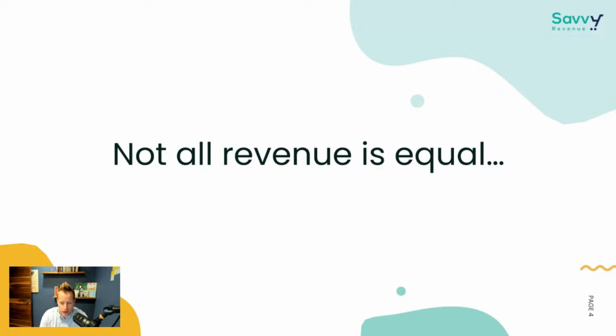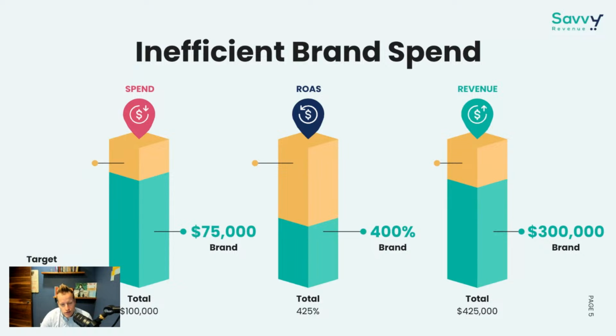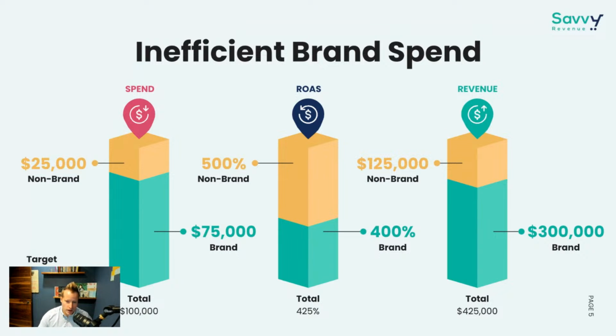I have a thing in marketing that not all revenue is created equal. The reason is, if we're looking at a slide like this, let's say this is a Performance Max campaign or any campaign for a Google Ads account, and we're seeing that we have $75,000 in brand spend and $300,000 brand revenue, and we have 25,000 in spend on non-brand and 125,000 non-brand revenue, then that revenue is not the same as if this was a pure non-brand campaign.